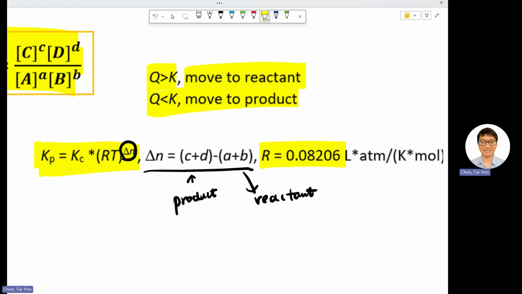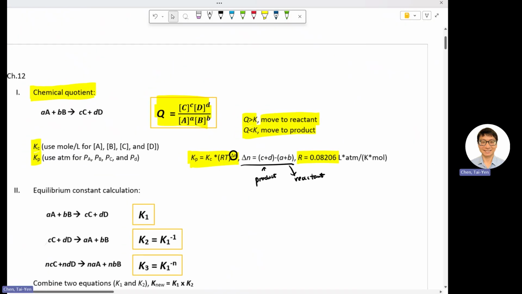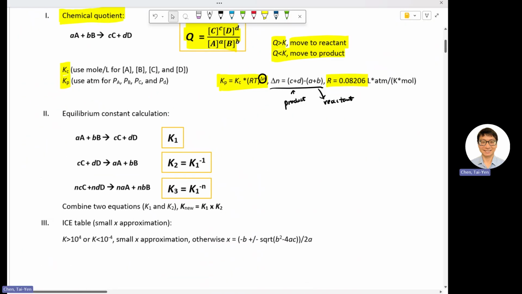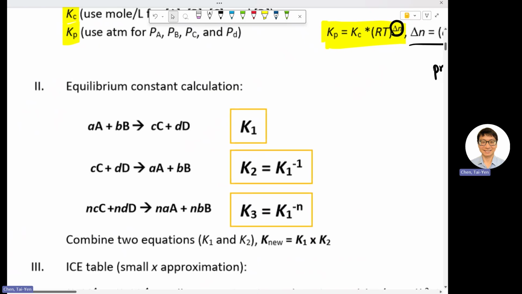All right, so that's the first thing that we need to know. The second thing we need to know for this lecture is that right now we know how to write the equilibrium constant K. So what if today I change my chemical equation, for example, I multiply a coefficient to it, or flip the chemical equation? How will that affect my equilibrium constant K?